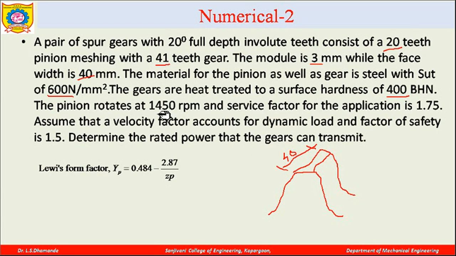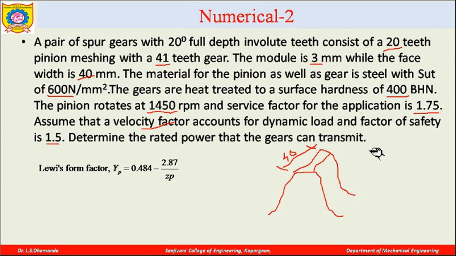The pinion is rotating at 1450 rpm, and the application factor is 1.75. You are asked to assume the velocity factor, which will account for dynamic load, and the factor of safety is 1.5, and you are asked to determine the rated power that the gear can transmit.